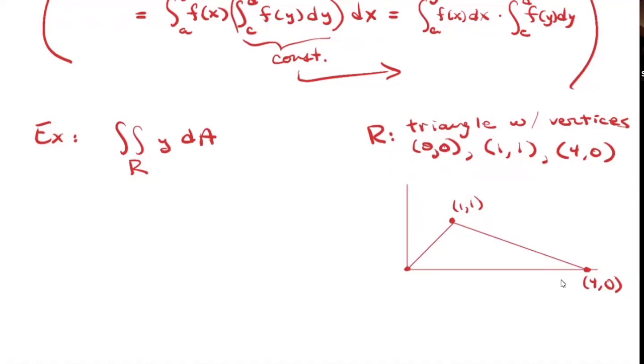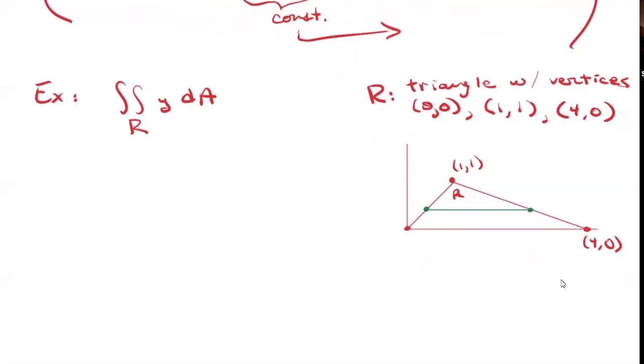So that's R. And we'll think of this as horizontally simple. I need curves on the left and the right. The left curve is easy. That's just x equals y. Or y equals x.